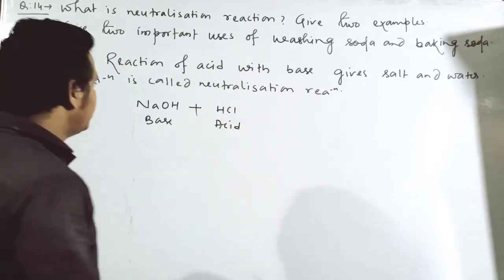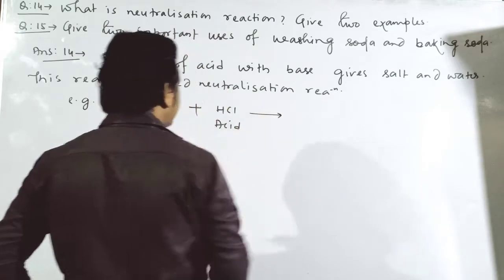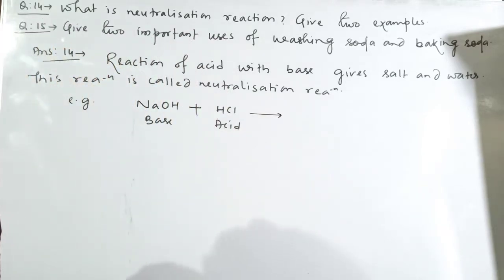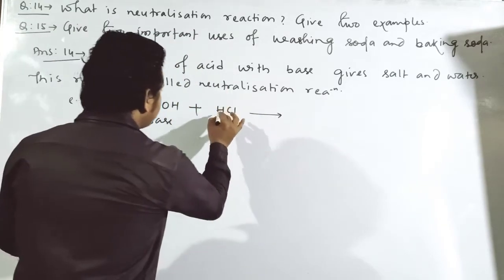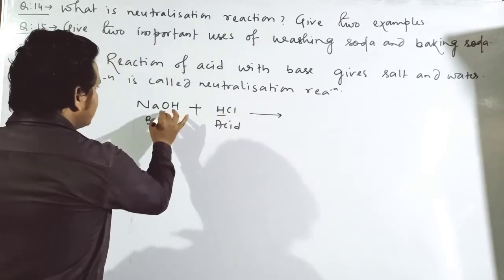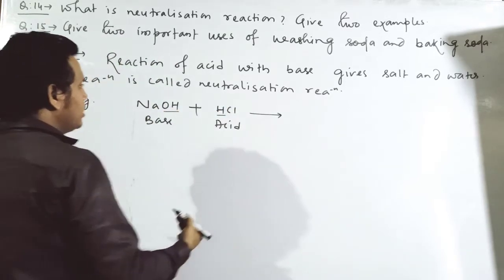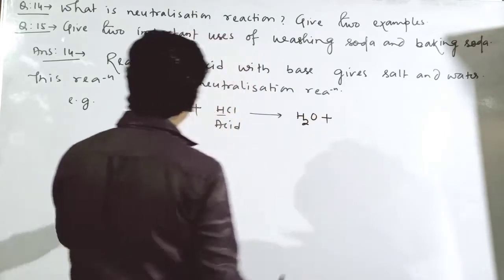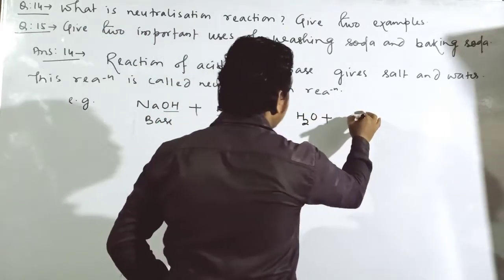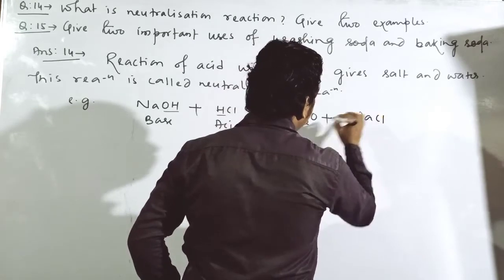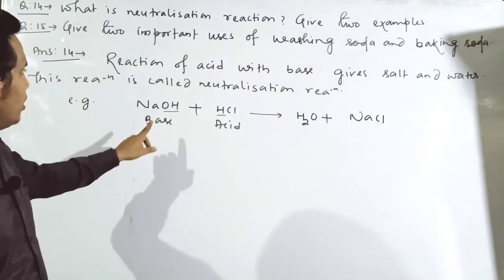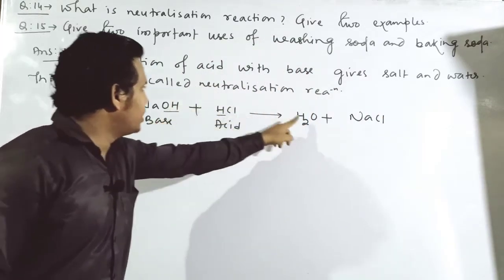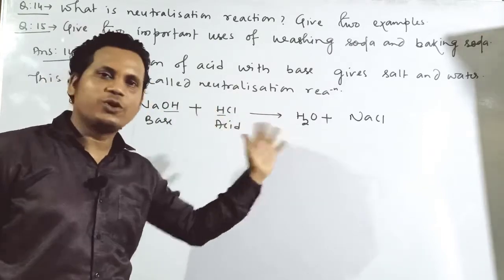Just any two examples we have to give. What will be the product? Salt and water. So acid gives H positive, base gives OH negative. H and OH, water, and NaCl, sodium chloride will be produced. So HOH, water, NaCl. So salt and water.